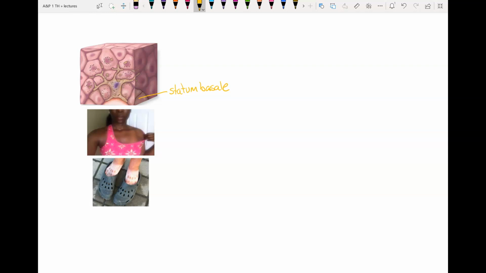And remember, this cell is a melanocyte. So a melanocyte will make melanin. And melanin is a protein. And melanin comes in different colors. So this is where your skin color comes from.